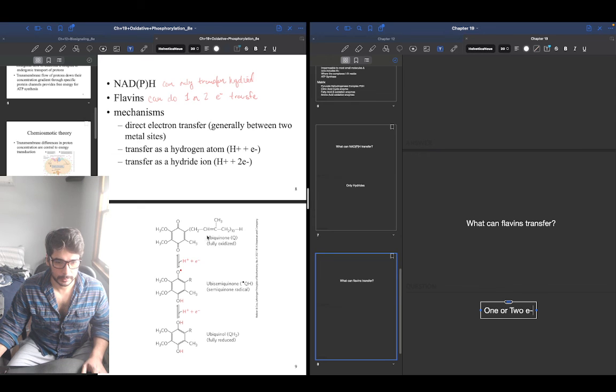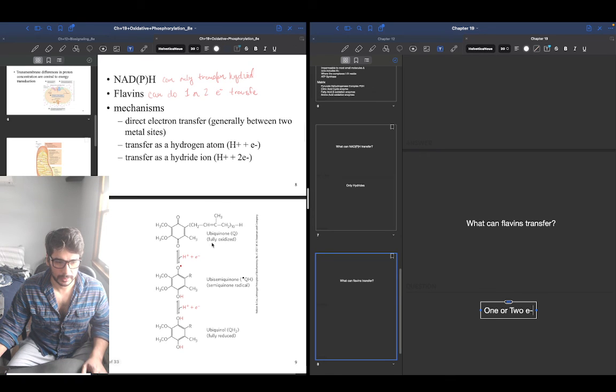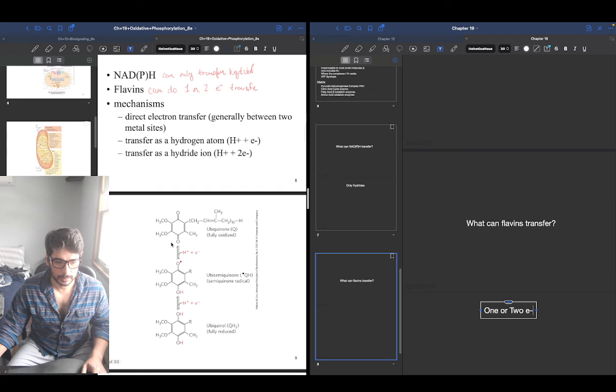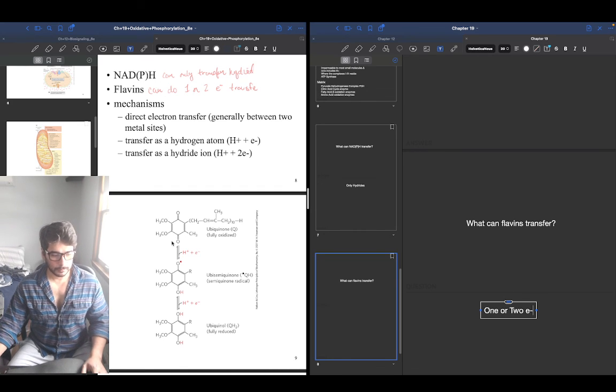Ubiquinone. What is this trying to say? Oh, the reduction. It's reducing. So got it. Okay. So here's a ubiquinone.